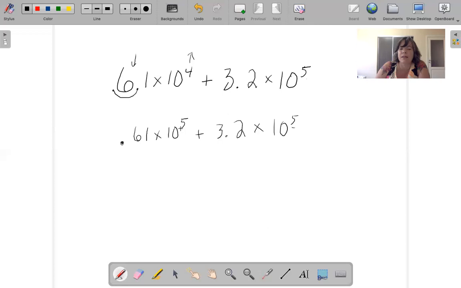Look at that. Now we can do 3.2 plus 0.61. This equals 3.81 times 10 to the 5th. That wasn't really so hard, right?